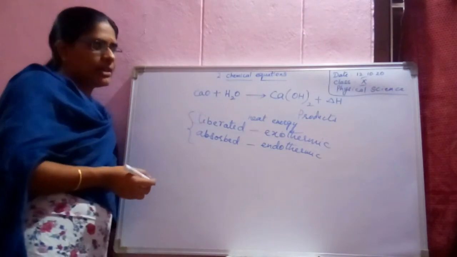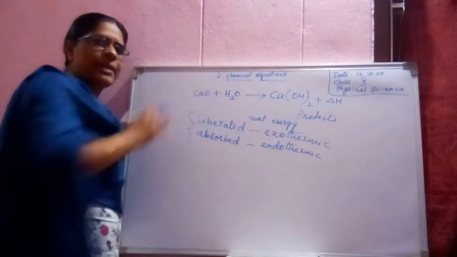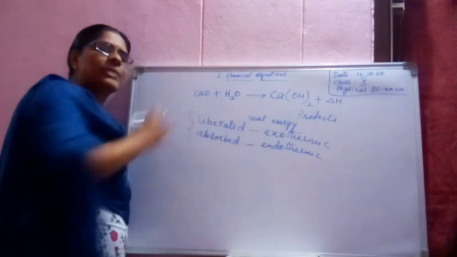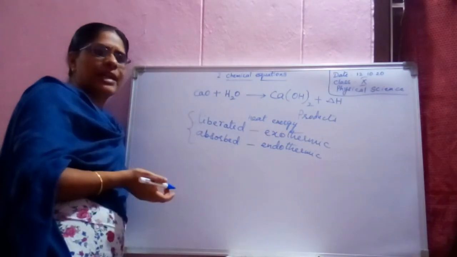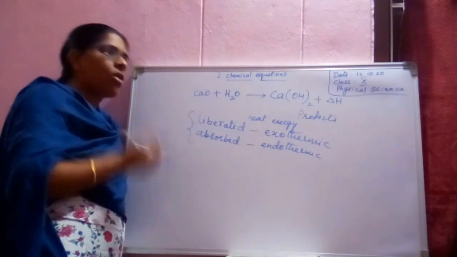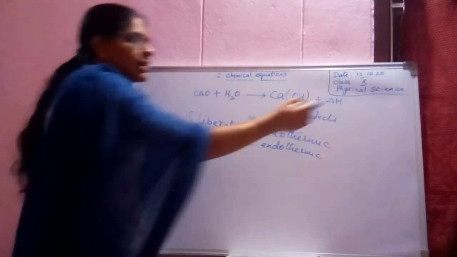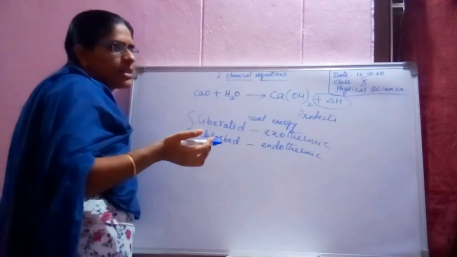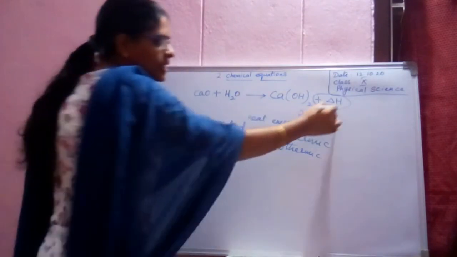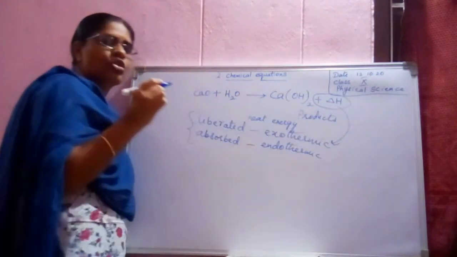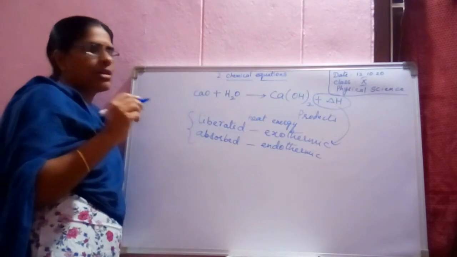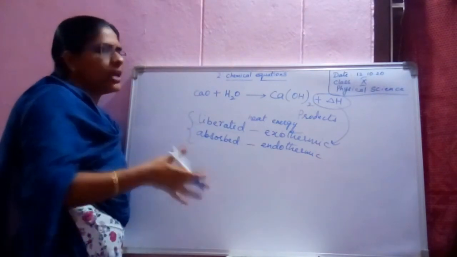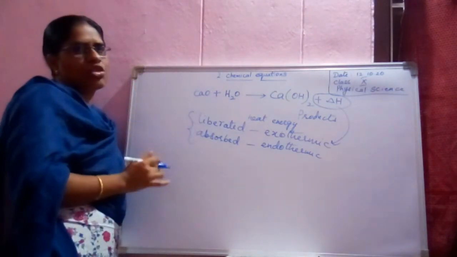Now in the exam, they may give you a chemical reaction and ask you to find out whether it is an exothermic reaction or an endothermic reaction. See here, if the heat energy is indicated with a plus on the product side, such reactions are exothermic reactions.